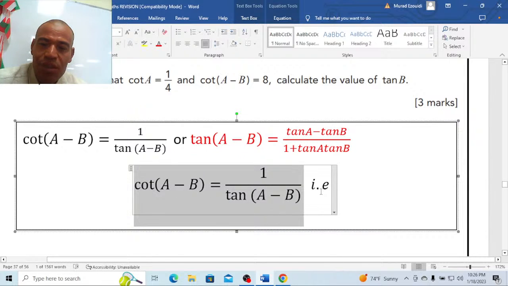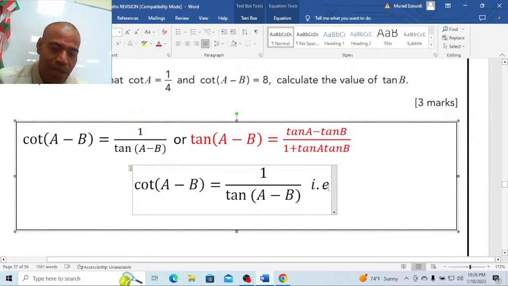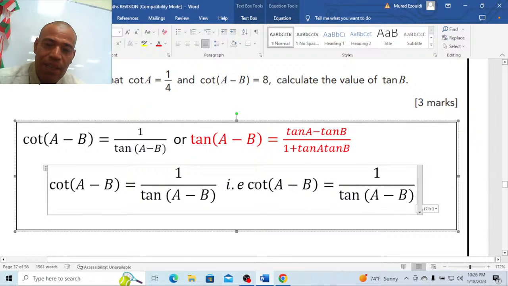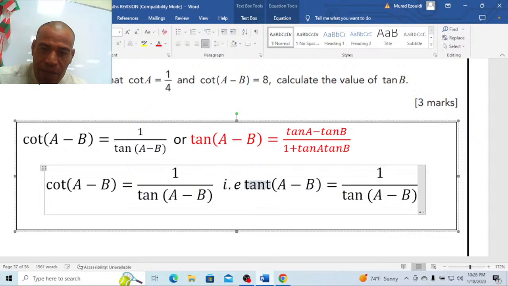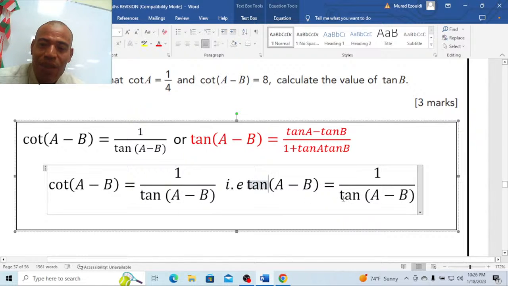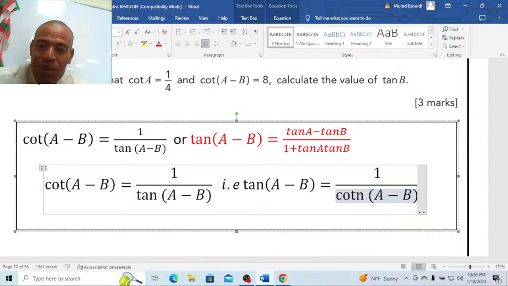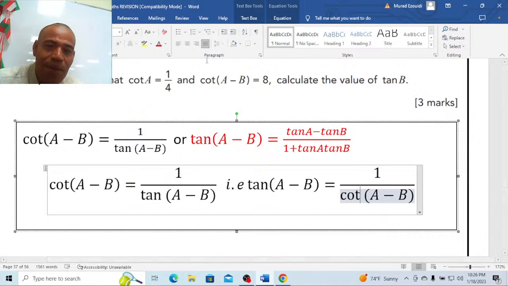So, learners, here you can write tangent of A minus B equal to 1 divided by cotangent of A minus B. But cotangent of A minus B is given, so I can write it as 1 divided by 8, isn't it?